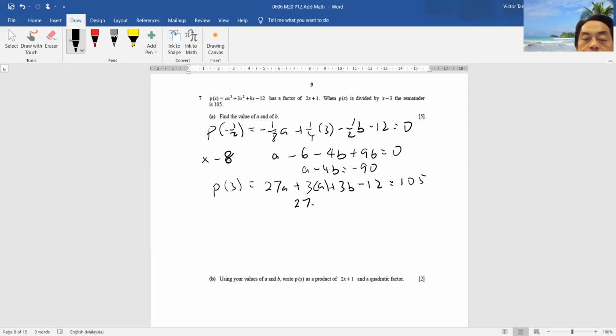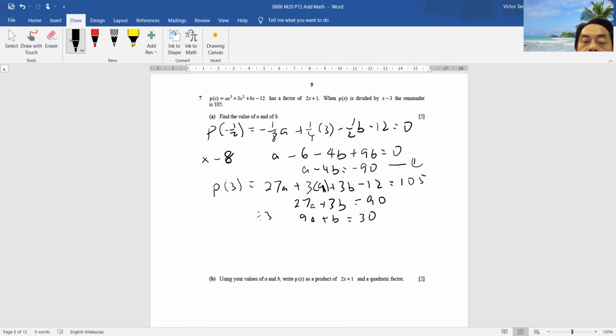So you have 27a plus 3b, 27 minus 12 is 15, 105 minus 15 is 90. So you can divide by 3 to make it simpler. 9a plus b equals 30.